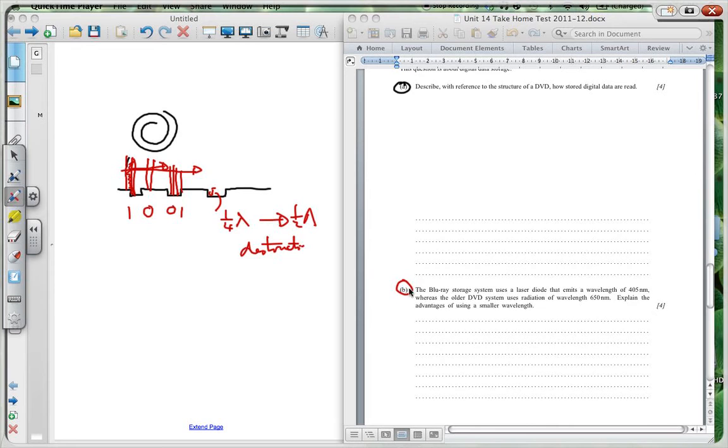And then in B, the Blu-ray storage system uses a laser diode that emits a wavelength of 405 nanometers, whereas the older DVD system uses radiation of 650 nanometers. Explain the advantages of using a smaller wavelength. So with using the smaller wavelength of 405, obviously the pits are not so deep.